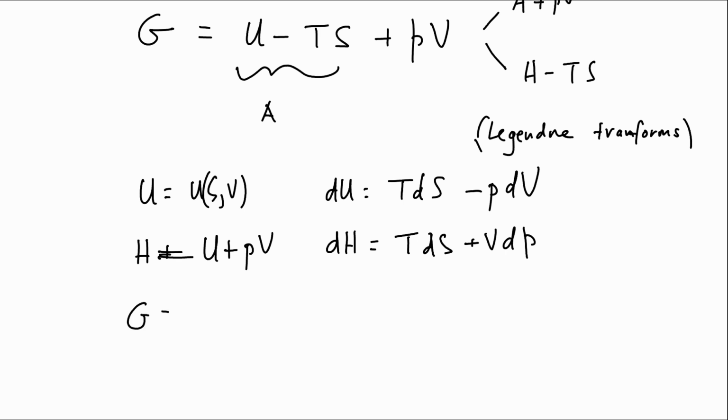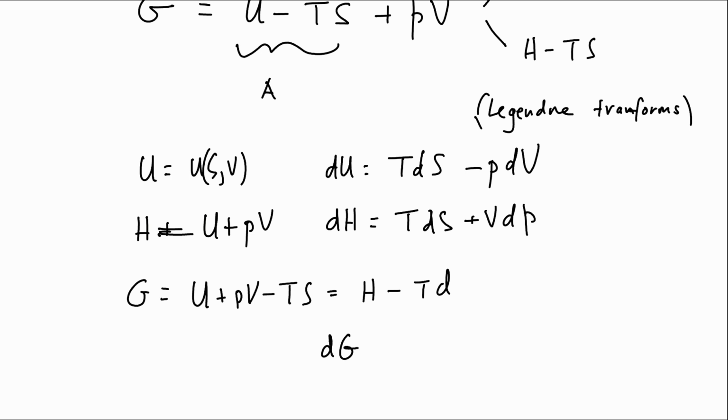And then we had G, which was U plus PV minus TS, which would also be H minus TS. And we got dG is minus SdT plus VdP.